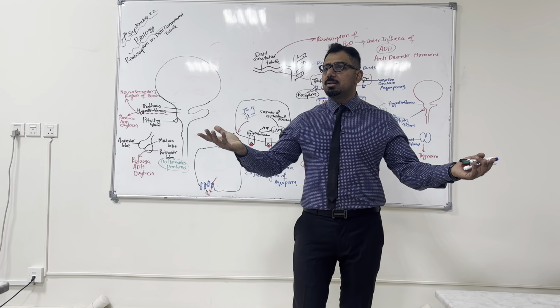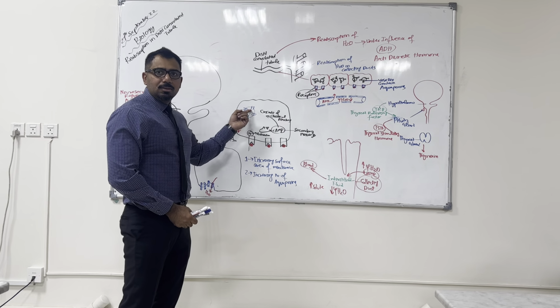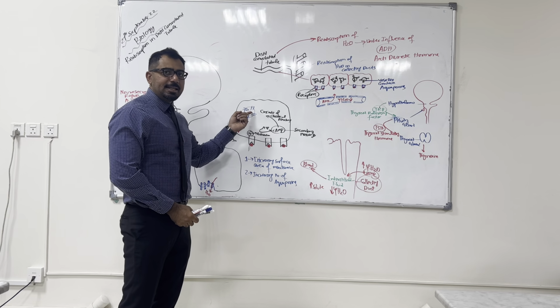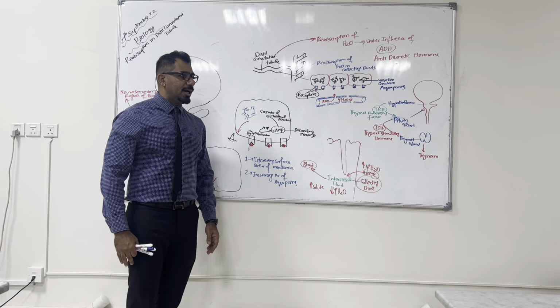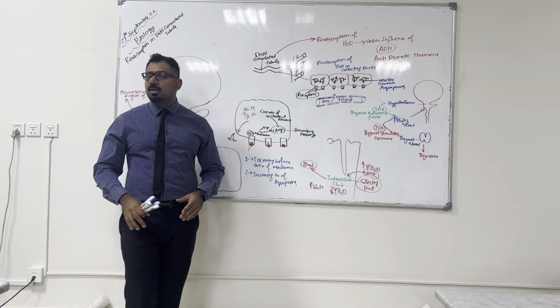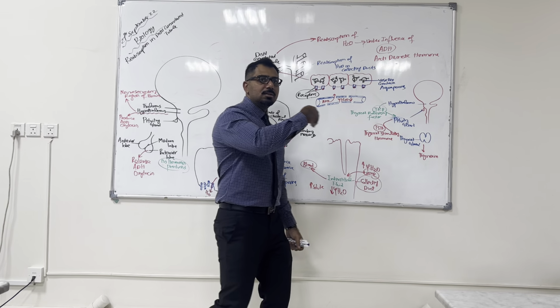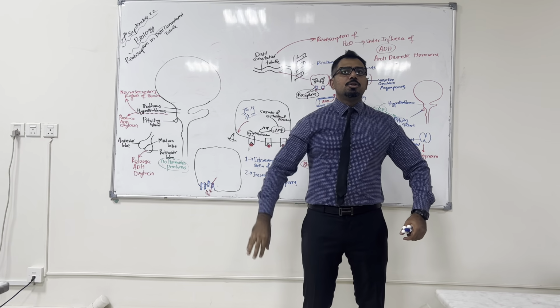ADH will not be released. As the ADH will not be released, these vesicles containing the aquaporins will not come and bind to the membrane, right? So surface area will not increase, aquaporins will not increase, reabsorption will not take place, so excess water will go into the collecting ducts, out into the urine.